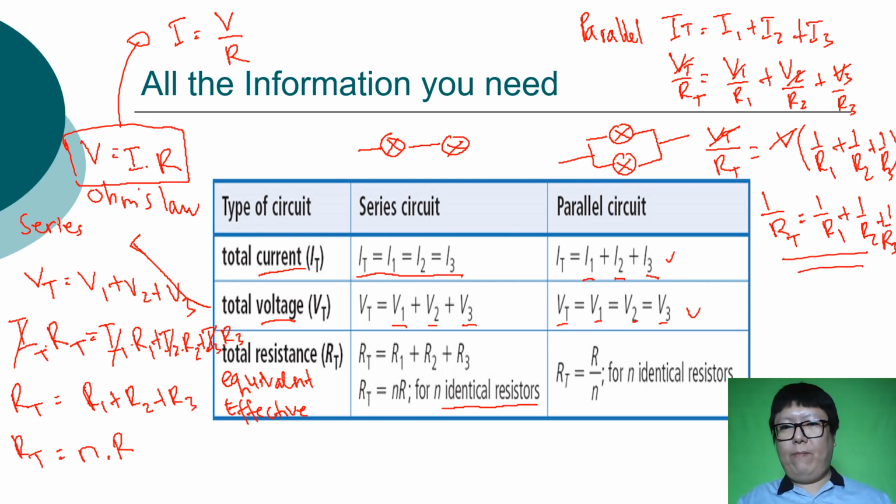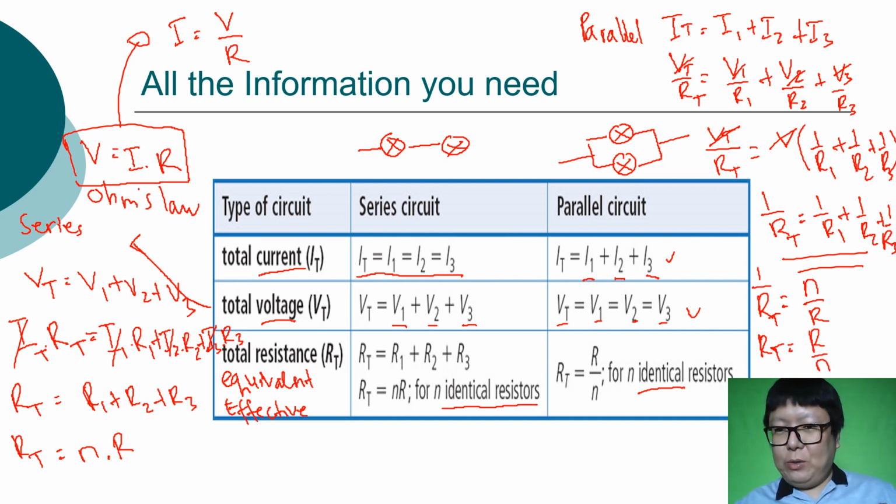If all of them are identical, then 1 per RT will be N per R, right? Then for RT, you switch, and it becomes R per N. Don't forget to switch, guys.